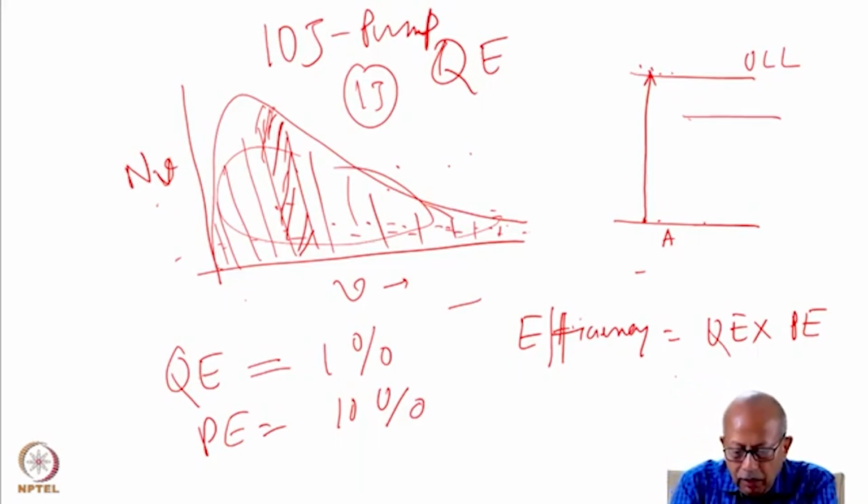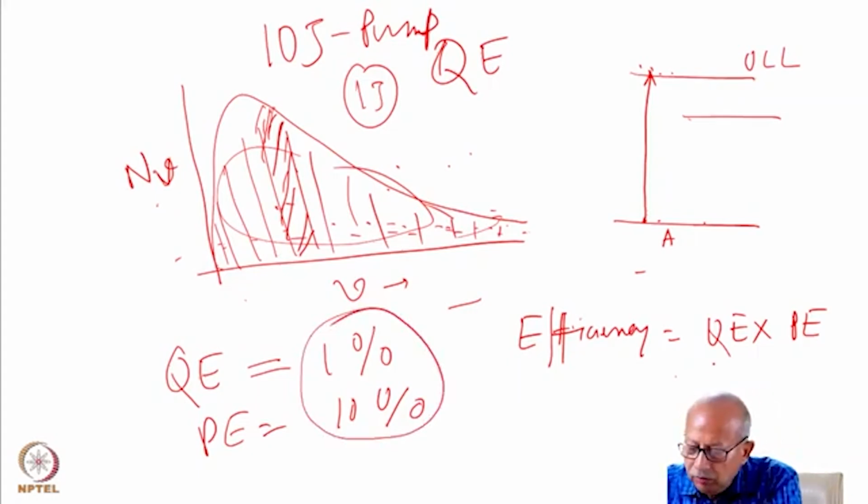So the operating efficiency of the laser will be 1% times 10%, which is equal to 0.1%.